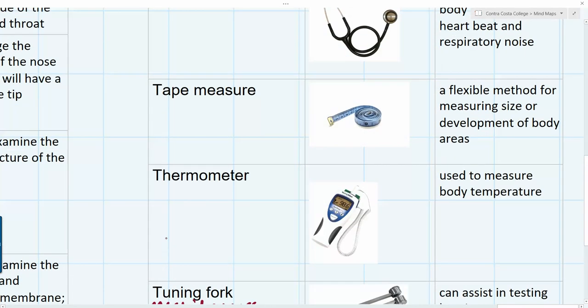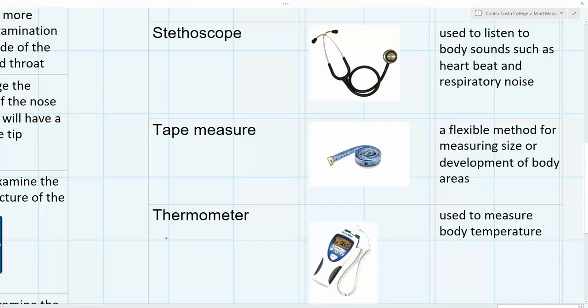Thermometer. Hopefully everybody knows what a thermometer and tape measure are by now, but a thermometer is used to measure body temperature. The tape measure is a flexible method for measuring size or the development of body areas. We do use tape measures for a number of reasons, so it's important to learn how to read them. A lot of students I have do not know how to read tape measures.